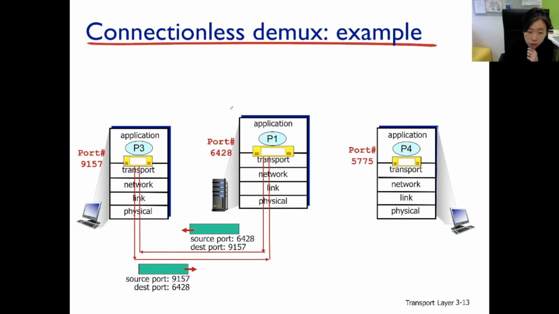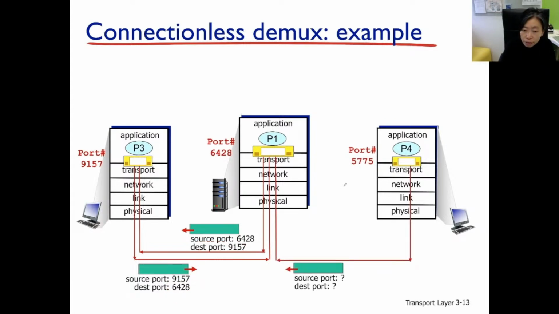And the return messages, so replies from the server, will then be carrying the source port number being the server's port number and the destination port number being the original request sender's port number, 9157, the client's port number. So you see also a little bit how P1 can generate the reply. The port numbers are essentially the reverse of the requests.